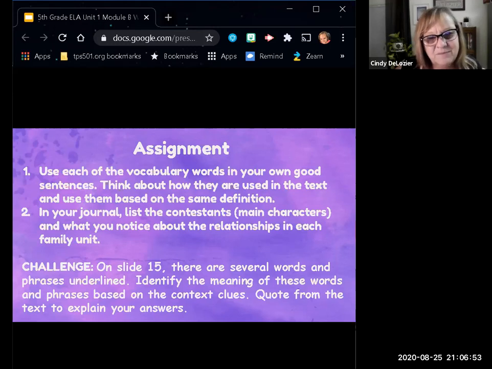So now let's demonstrate our success. Here is your assignment. Use each of the vocabulary words in your own good sentences. Think about how they are used in the text and then use them based on the same definition. Then I would like for you to, in your journal, list the contestants, the main characters, and what you notice about the relationships in each family unit.